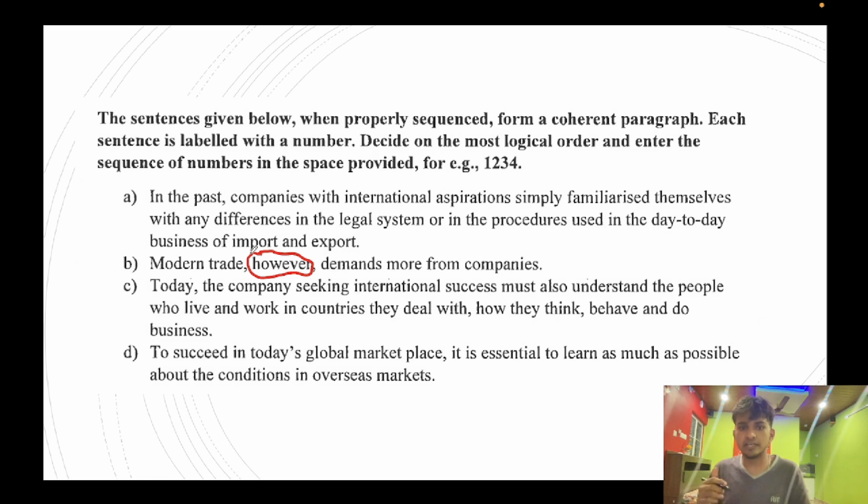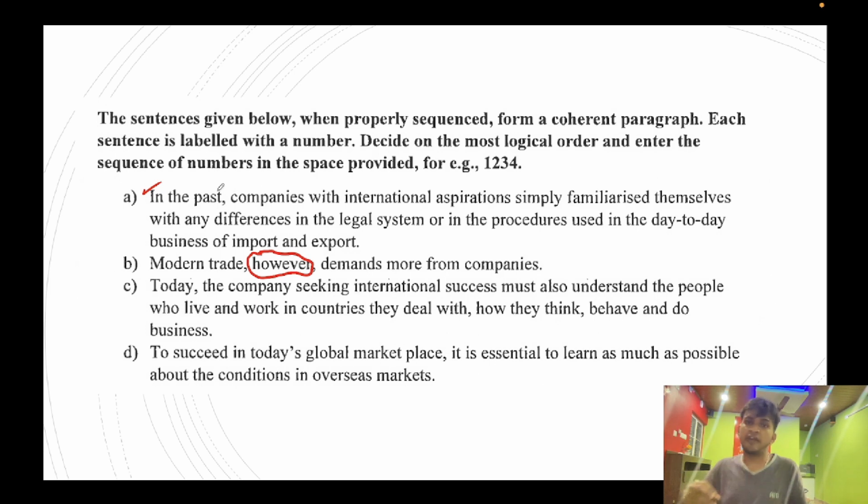D. To succeed in today's global marketplace, it is essential to learn as much as possible about the conditions in overseas markets. So, how are you going to connect? Let's decode each of these sentences one by one. Note sentence A. It starts with "in the past." I'm not saying this is not a possible beginning. This is definitely a possible beginning. But how does this begin? This sentence directly talks about companies with international aspirations.